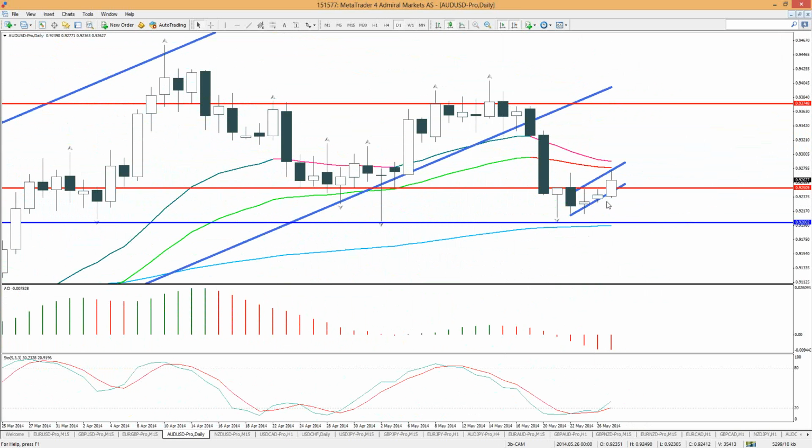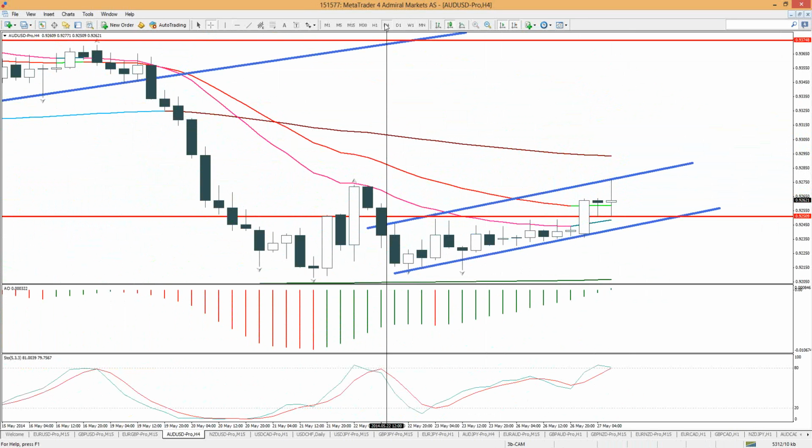Just proves the point that we have to be careful. Let's not be too quick with reversal trades, because at the moment price is above today's open, right? We opened here at 92.40. Price has had a bullish mode so far, so you've got to be careful with that too.